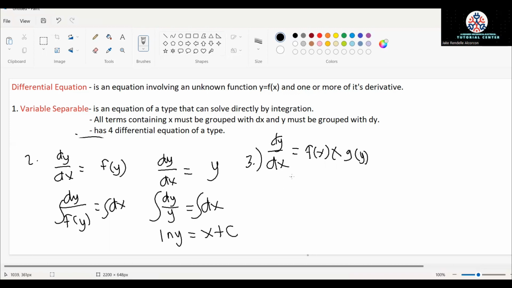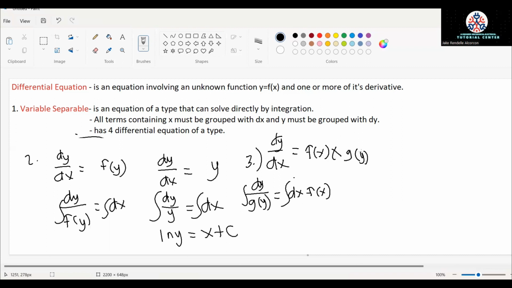So dy over g of y will be equivalent to dx times the function of x, and we can integrate both sides. After integrating, you can get your general solution.